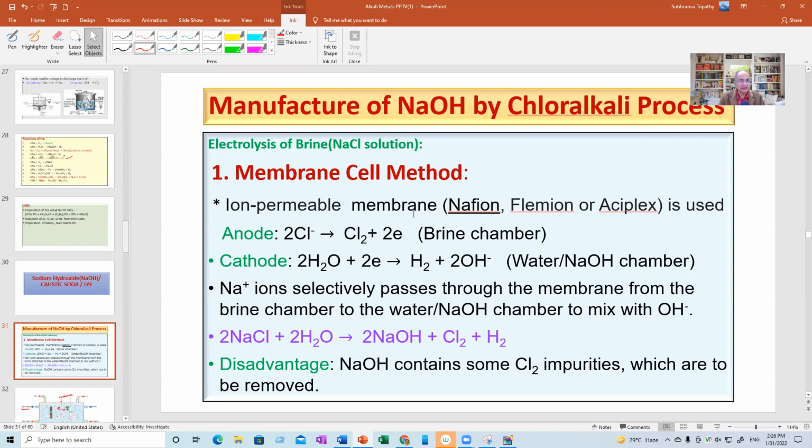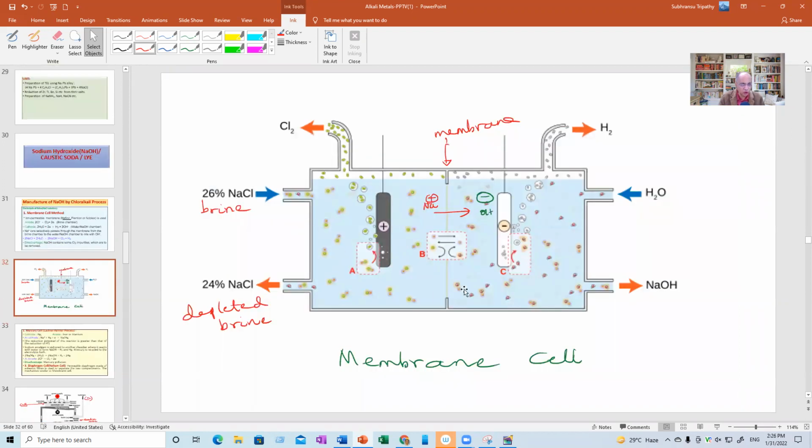And sodium chloride solution is taken as the electrolyte. And in this membrane cell method, I show you this diagram. I have borrowed it from a Google source, that there are two chambers.